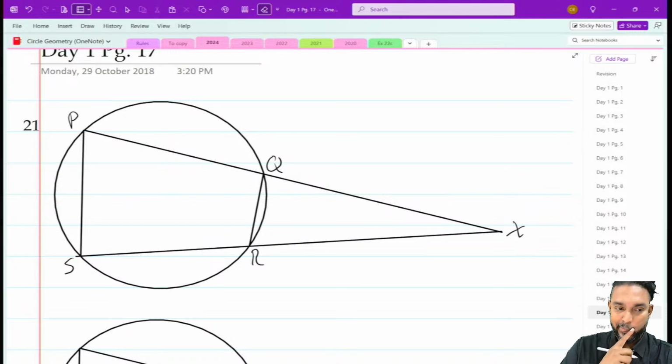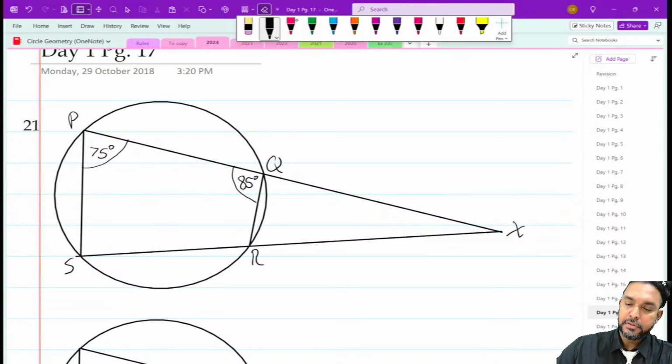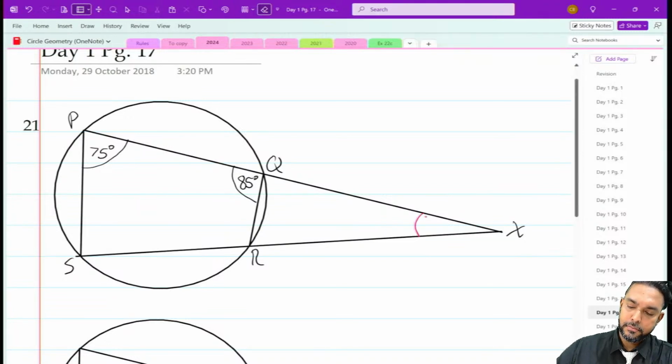SPQ is 75 degrees. PQR is 85 degrees. We had to find angle small x.